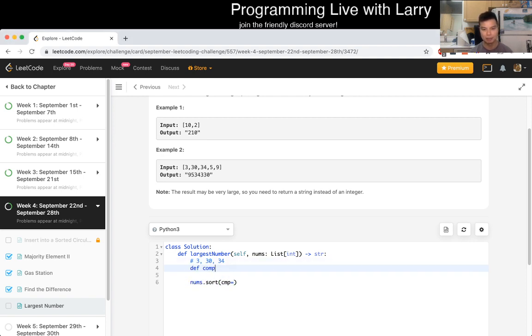Basically you have a left and a right. To be honest, it's been a while. What am I doing? I don't write the comparator for Python very often, but I think that this should be okay. Let's compare, maybe.